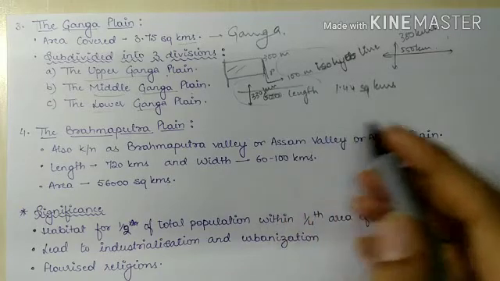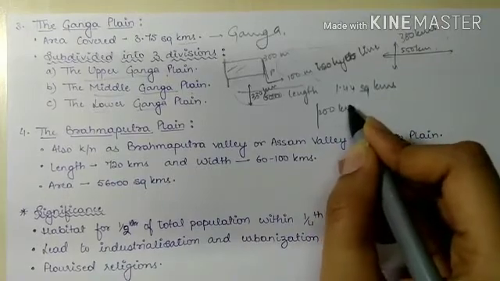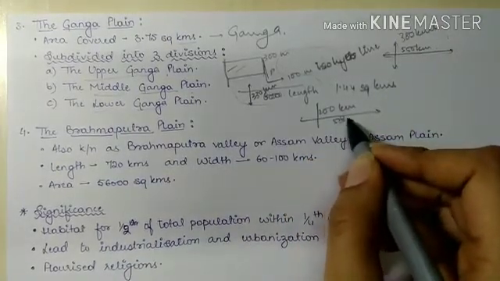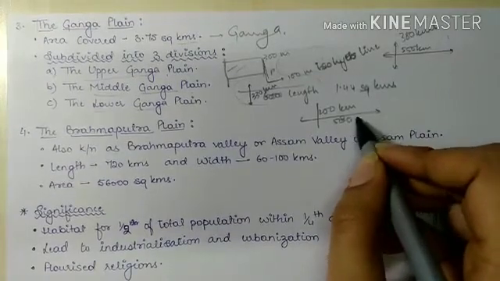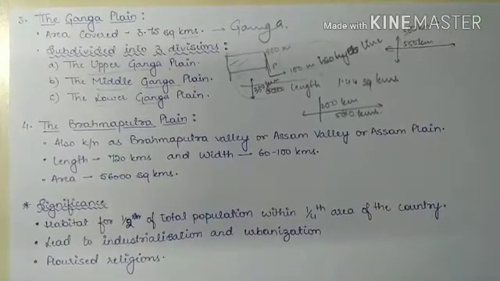Okay, so it is 200 kilometers wide and 580 kilometers long. Now, the total area of this plain is about 81,000 square kilometers, and it narrows down to near 16 kilometers between the Rajmahal Hills and the Bangladesh border.